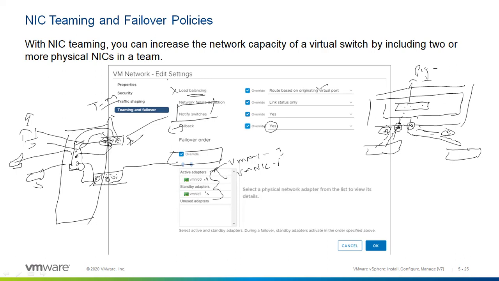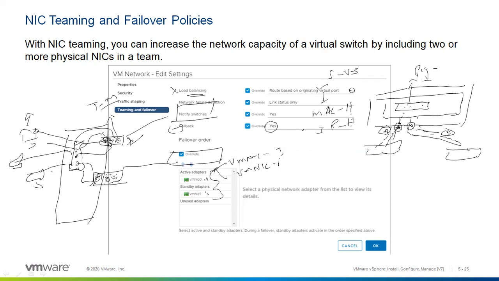Okay. Then if you drop down here, in case of a standard switch, you will get two more policies, MAC hash and IP hash. So when I say MAC hash, all my virtual NIC MAC addresses will be registered here, maybe second here, maybe third here, maybe fourth here.